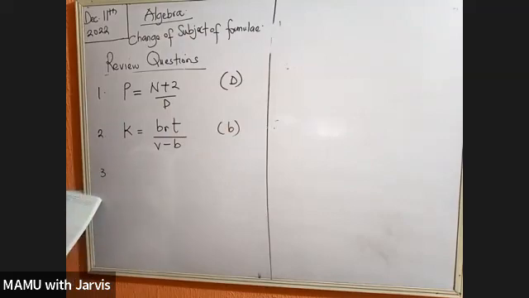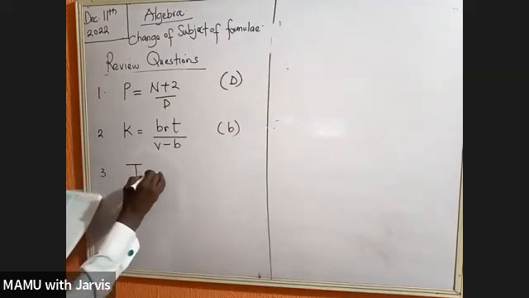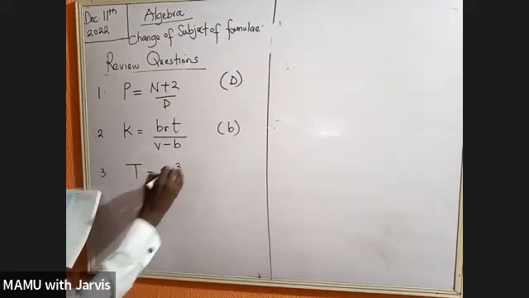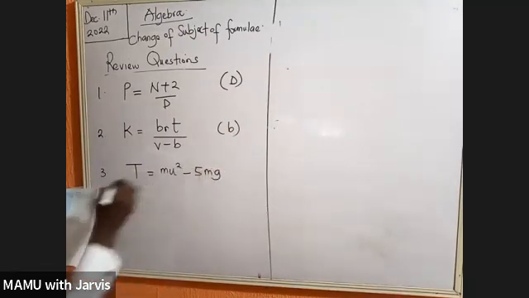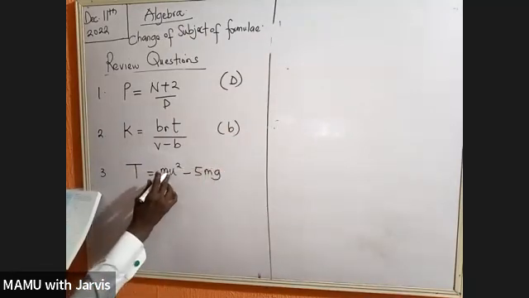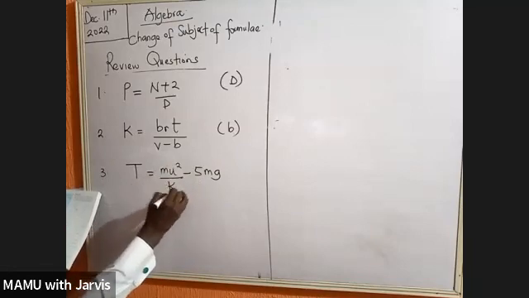Number 3. C is equal to mu squared minus 5mg. This mu squared is divided by K.